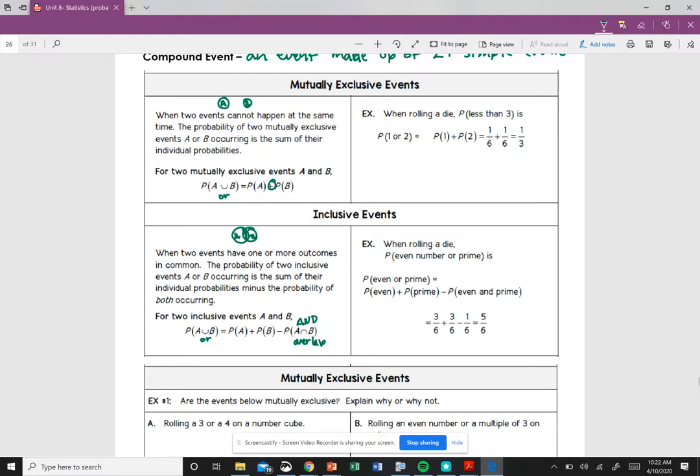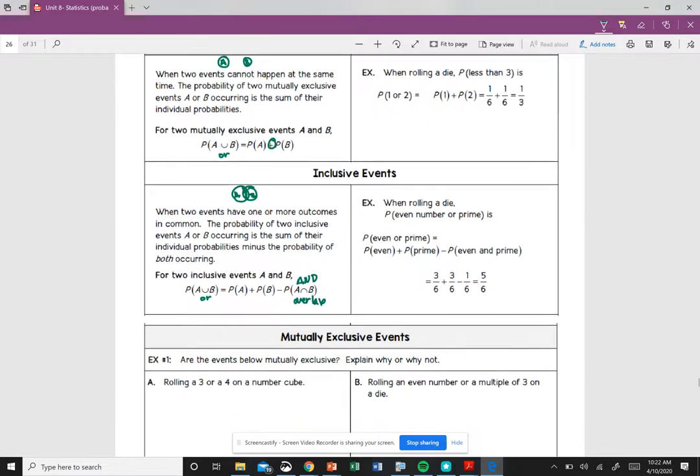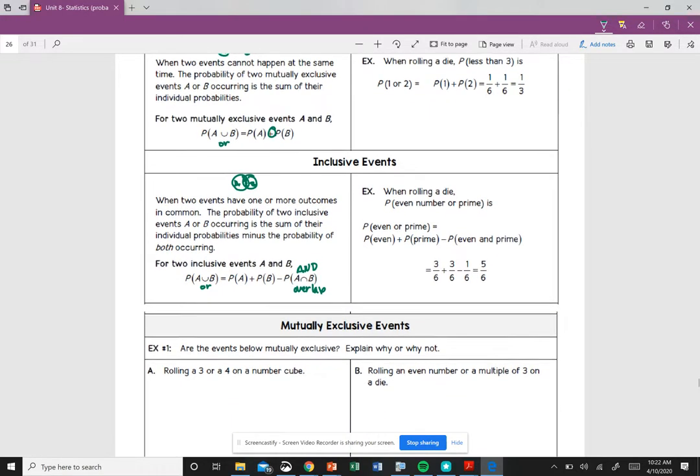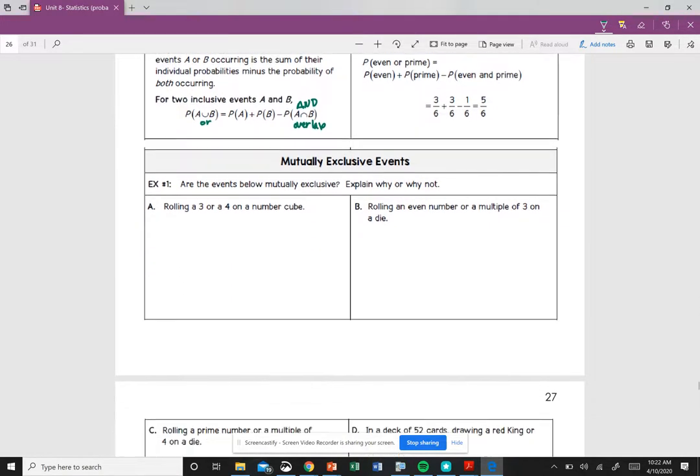So like the probability of rolling an even number or a prime number. Well, because 2 is an even prime number, you have to count that. There's an overlap of 1/6. So you do 3/6 plus 3/6 minus 1/6, and you get 5/6. So there's actually only one number that you can roll that is not prime or even. It's 4. You can't roll a 4, and that would not fit those categories.